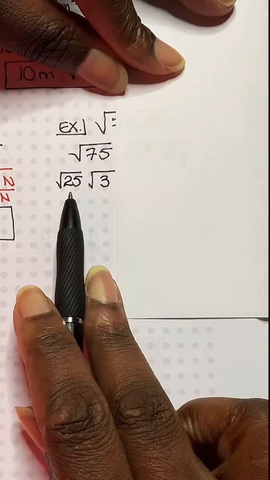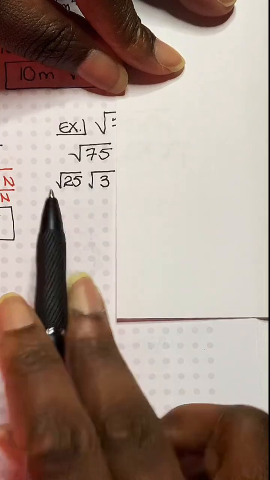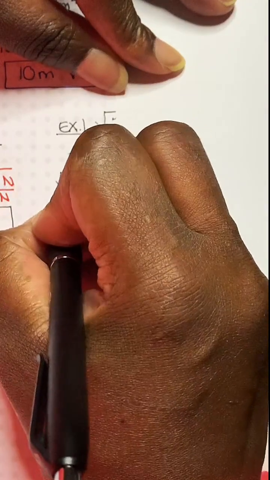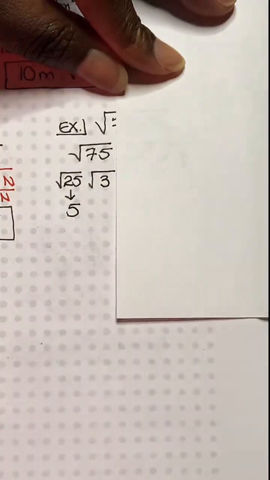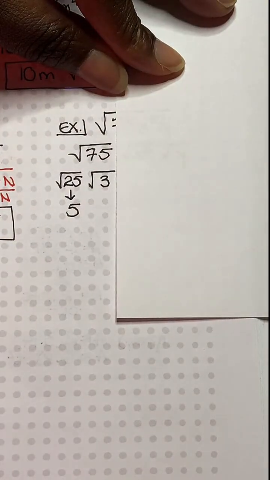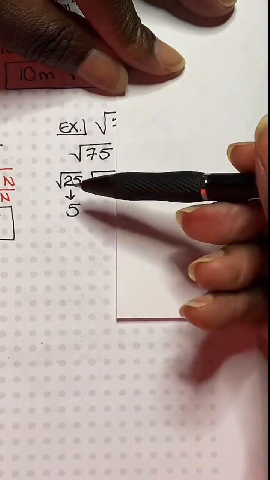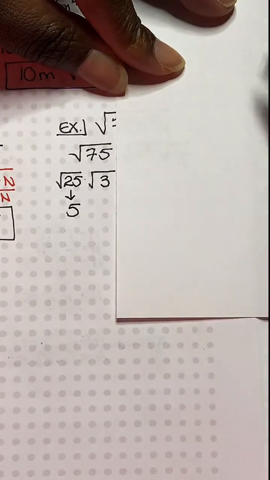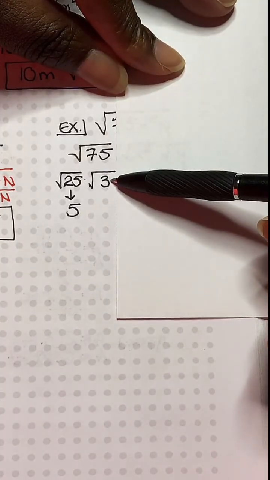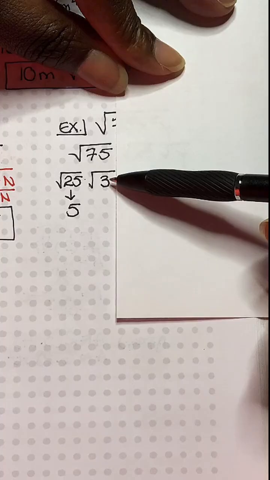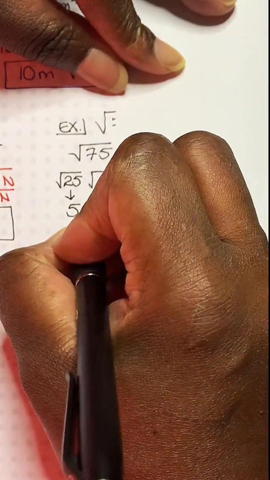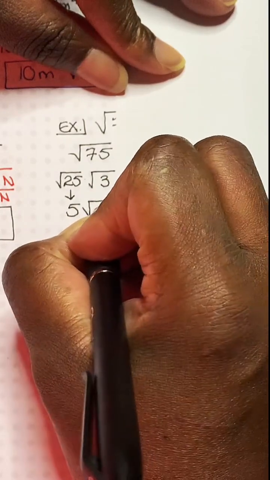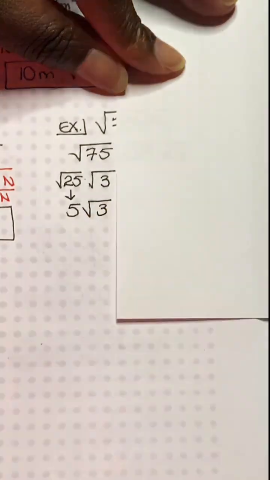This works great because the square root of 25, that can be broken down into a whole number of 5. Because 5 squared, which is 5 times 5, will give us our 25. This square root of 3 is prime. That means it cannot be broken down. You will get a lovely decimal. So if you cannot break it down, bring it down.